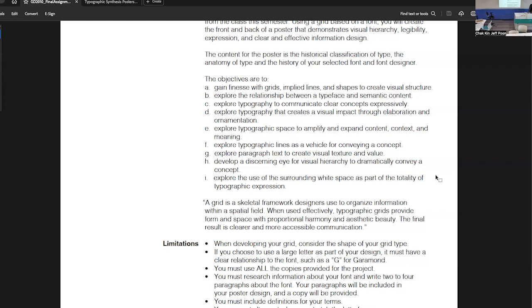Okay, so H: develop a discerning eye for visual hierarchy to dramatically convey a concept. And then I: explore the use of the surrounding white space as part of the totality of a typographic expression. So the white area also does it.